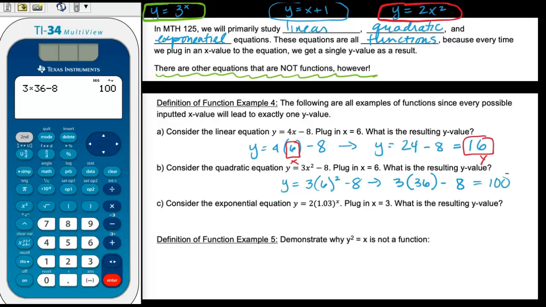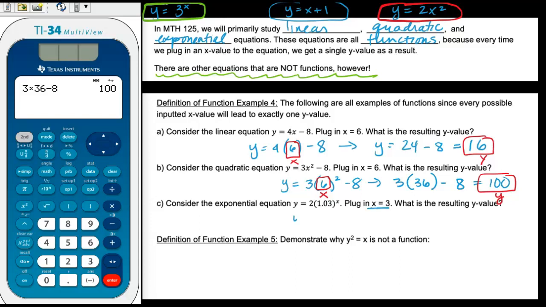Again, we're plugging in one x and getting one y out, and that would be true for any x value we plug in, because when we square a number, we're only getting one result.